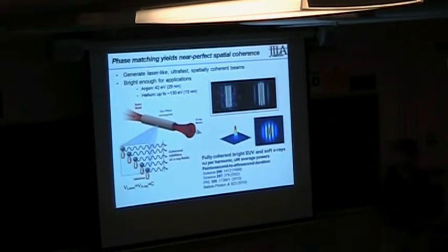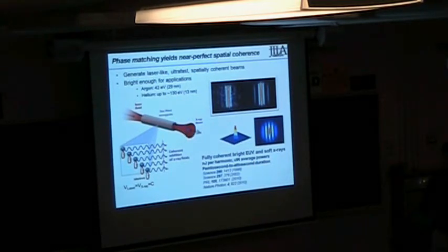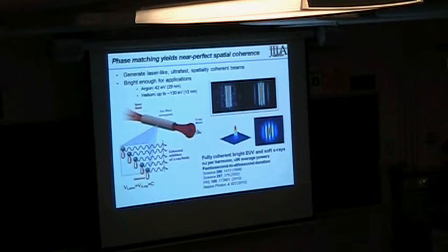But what's very important to us is that we have the spatial coherence properties of a laser, like I was saying. And the way that we accomplish that is we actually pressurize a hollow core waveguide with the noble gas. And this hollow core fiber acts as a waveguide for our driving laser so that we can keep that small spot intensity over long distances.